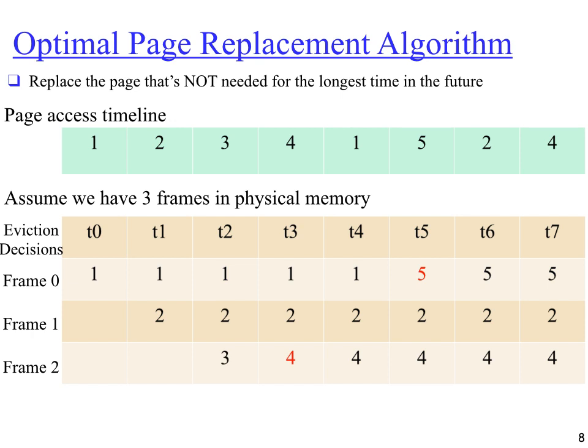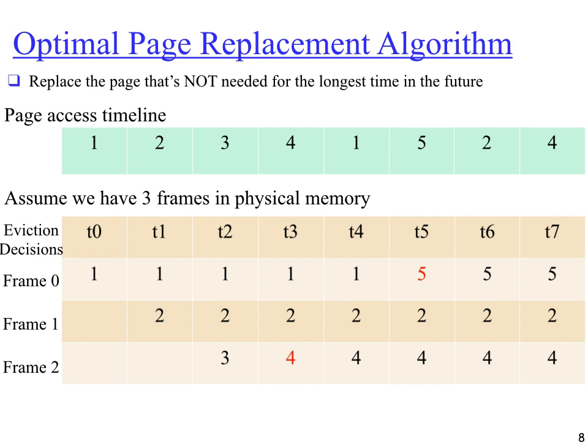Now at time t4, page 1 is accessed again, and we don't have a page fault because 1 is already in the main memory. At t5, page 5 is accessed. So at this point we again look into the future, which page will not be accessed for the longest time among 1, 2, and 4. So we see that 2 and 4 are accessed, whereas 1 will not be accessed again.